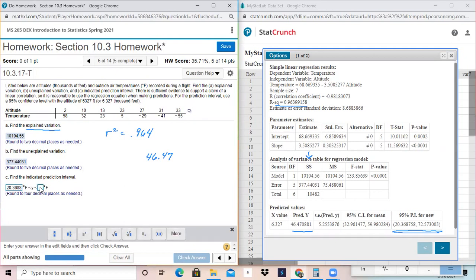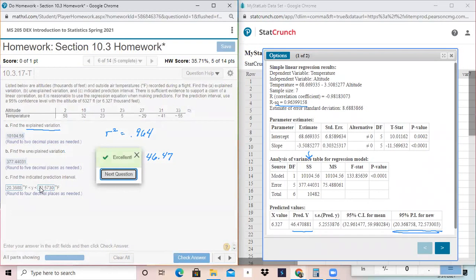This is in degrees Fahrenheit, and 72.5730. Now that is a heck of a lot of variation. They're saying the temperature should be somewhere between 20 degrees and 72 degrees. So that's not a real refined prediction.